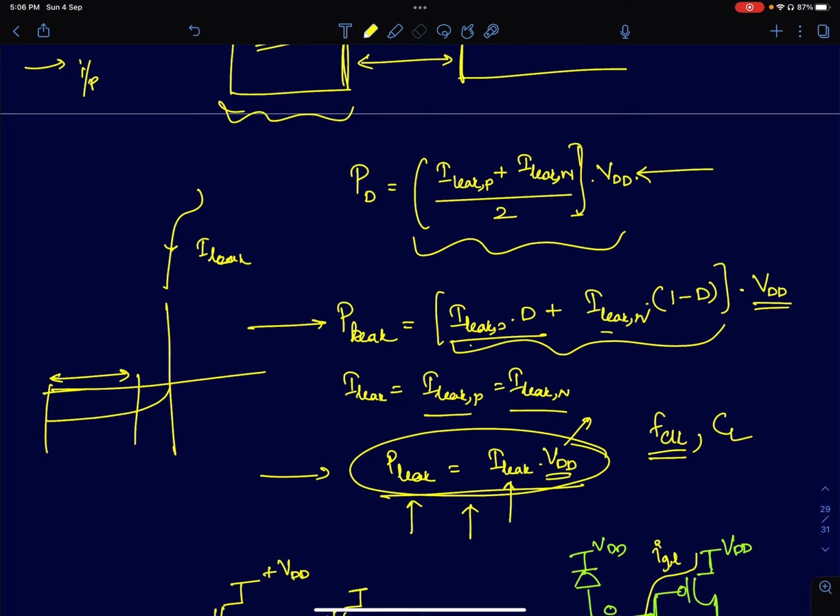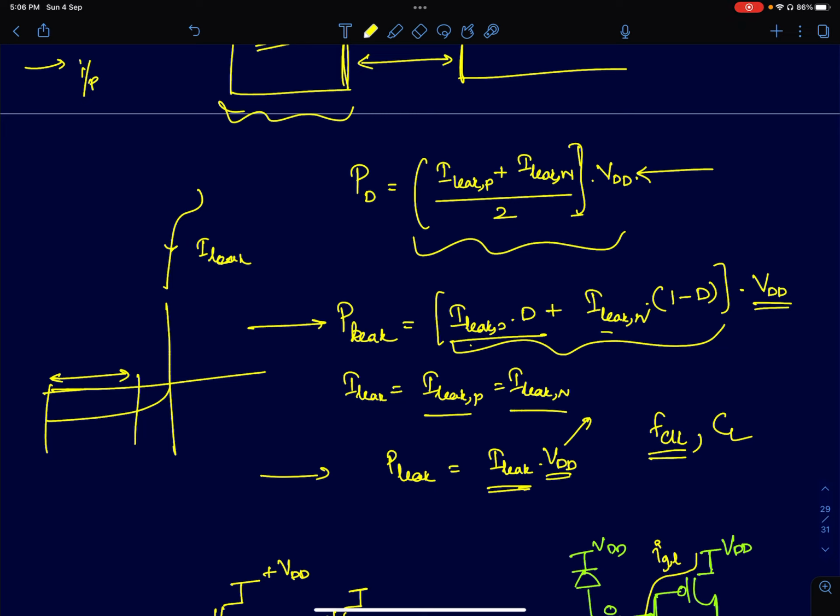But the important thing when we talk about leakage is temperature. If you recall any basic study from a device course, the reverse saturation current depends upon the intrinsic carrier concentration, and the intrinsic carrier concentration will rise exponentially with increasing temperature.